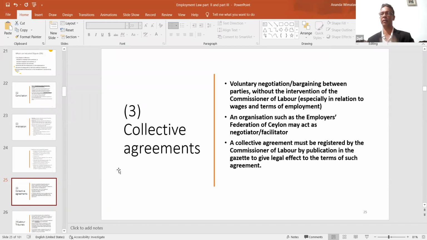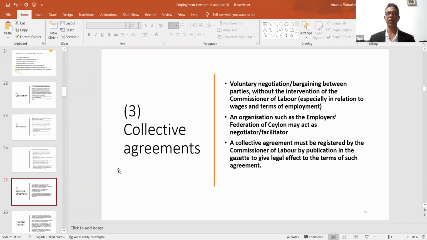On top of that, we have a voluntary process to determine terms and conditions of employment, including wages. That is called the collective bargaining process, leading to a collective agreement. That is the superior. That is the top. And then wages boards, and then finally the minimum one, the Minimum Wage Act.